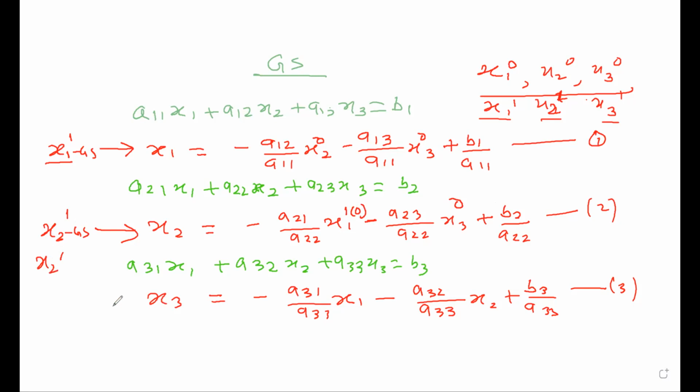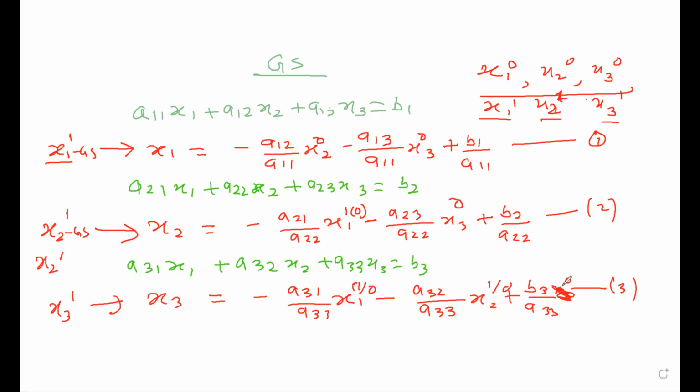Similarly, in the case of your GS for x3 1, we have to use x1 there and x1 there, isn't it? Yes, sir. And that x3 0 will be there. But in the case of Jacobi, it will be 0. Okay, in this way you can proceed.